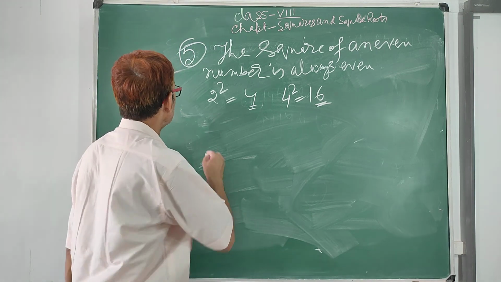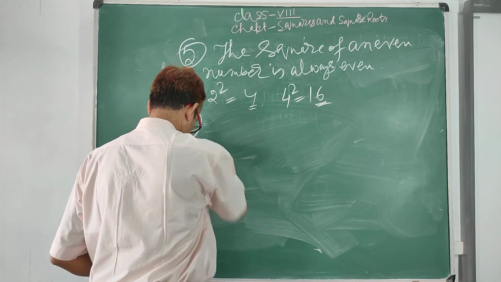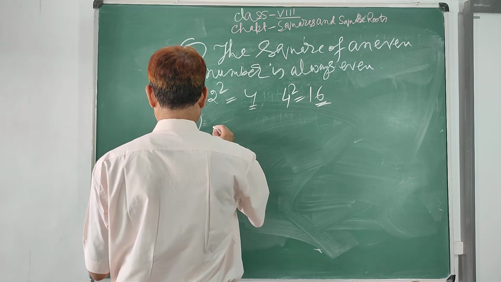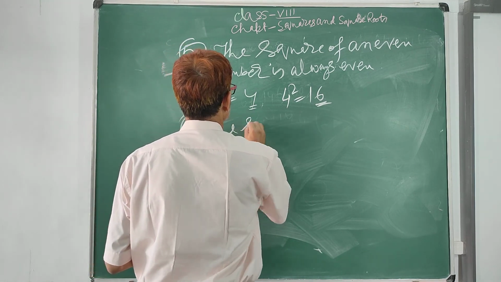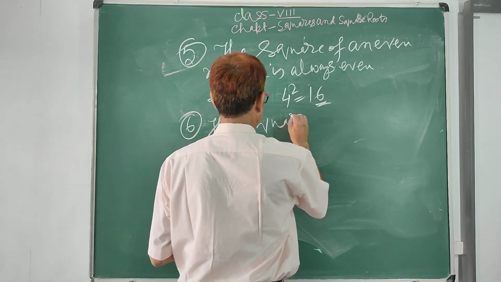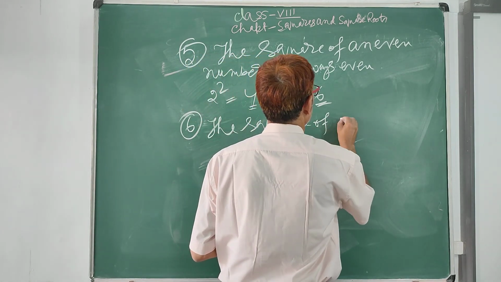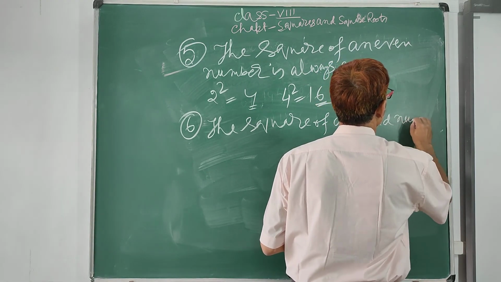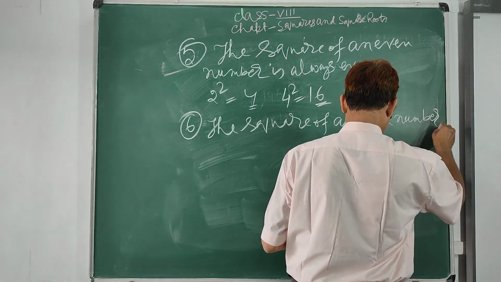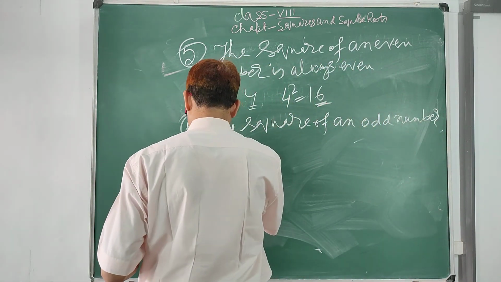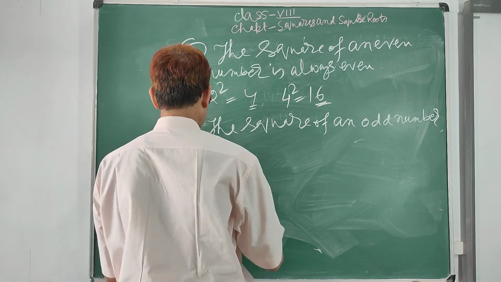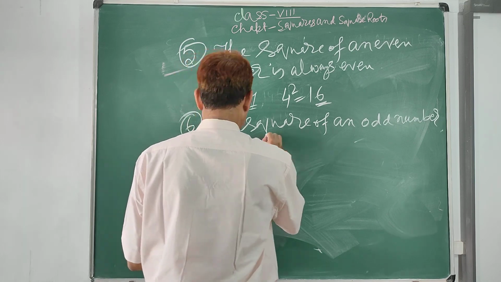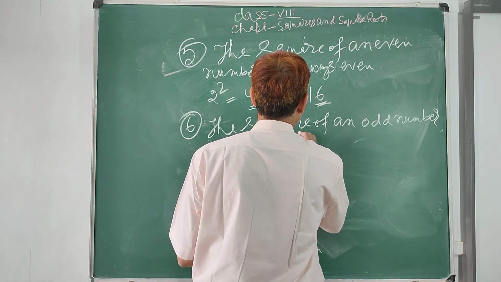Property number 6, the square of an odd number is always odd.